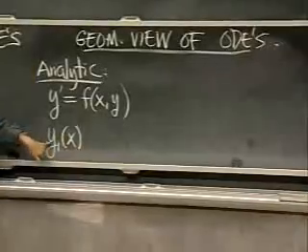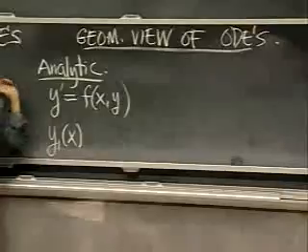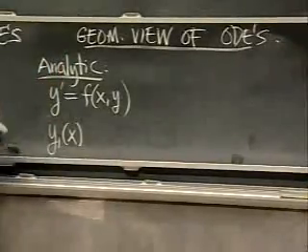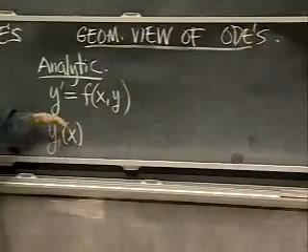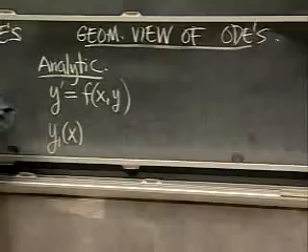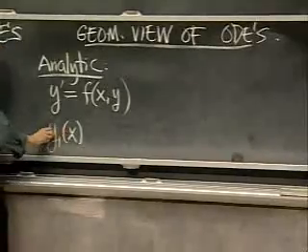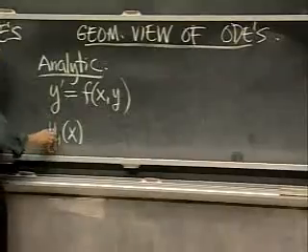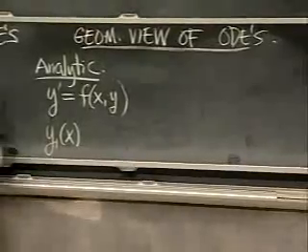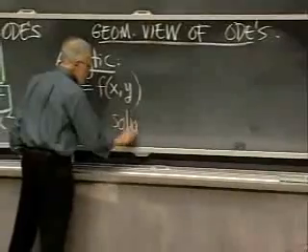Notice I don't use a separate letter, I don't use g or h or something like that for the solution, because the letters multiply so quickly, like rabbits, that after a while, if you keep using different letters for each new idea, you can't figure out what you're talking about. So y1 means it's a solution of this differential equation. Of course, the differential equation has many solutions containing an arbitrary constant. So we'll call this a solution.